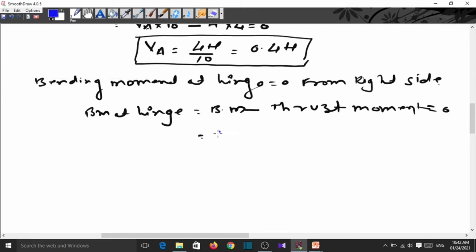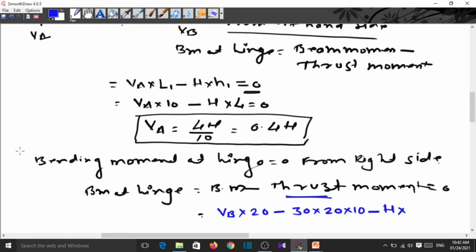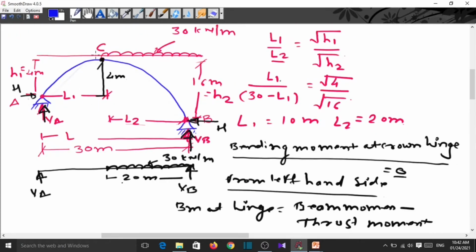So we can say that VB into 20 is sagging, minus 30 into 20 into 10 is the hogging, and then minus the thrust moment, that is minus H into here. In our case we are taking moment at here, so this H into this total height, that is 16 meter.